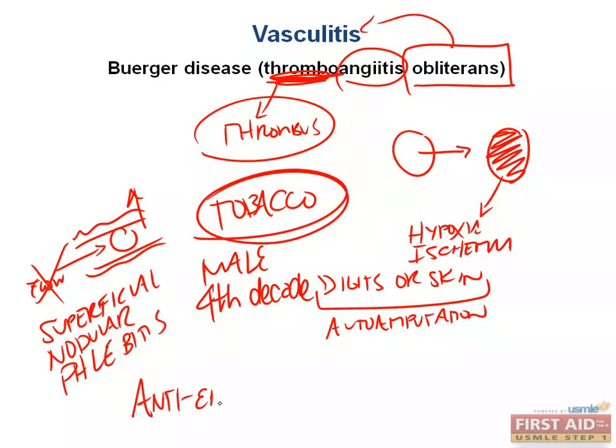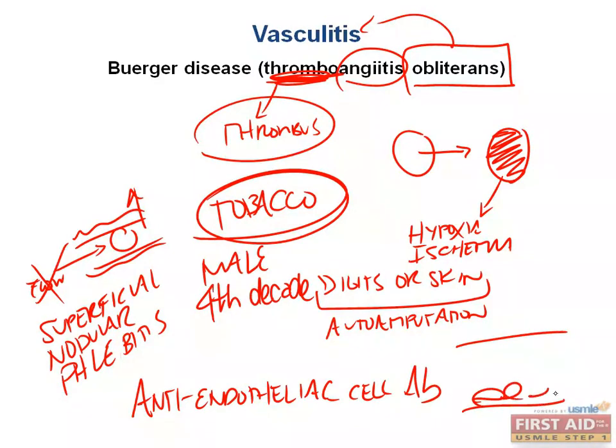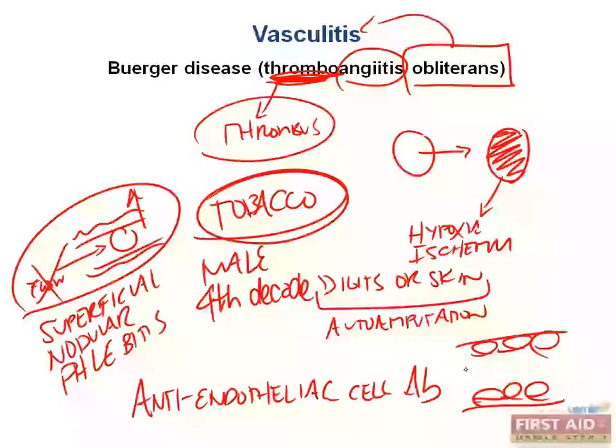The immune system actually starts producing anti-endothelial cell antibodies. The antibodies bind to what? Well, they bind to endothelial cells lining whatever vessel you want to be worried about. So in this position, when we worry about the superficial nodular phlebitis, there is obliteration of those vessels due to liberation of the contents of endothelial cells when antibodies bind and activate complement, causing endothelial cell dysfunction and damage.